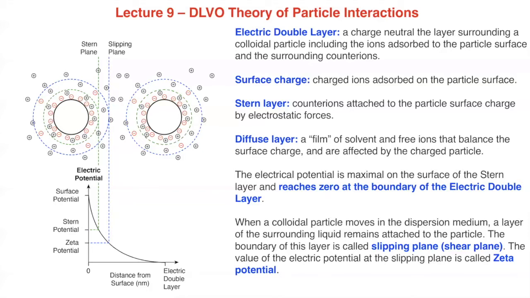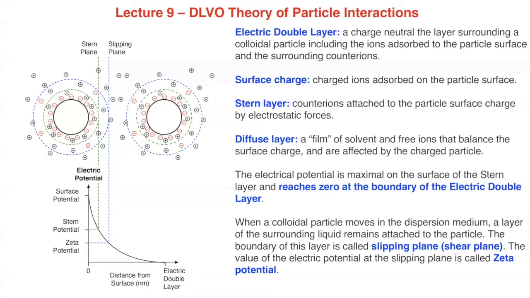There's also something called the zeta potential, which is the electric potential associated with that slipping plane. So there's a certain amount of net charge within the slipping plane. And so you can think about that crystal as it moves as being positive or negative. In this case, it would be a negatively charged crystal because of the concentration of negative charge at the surface. And the zeta potential is the electric potential associated with that net negative charge at the slipping plane.